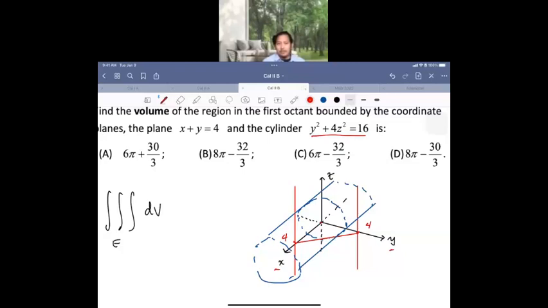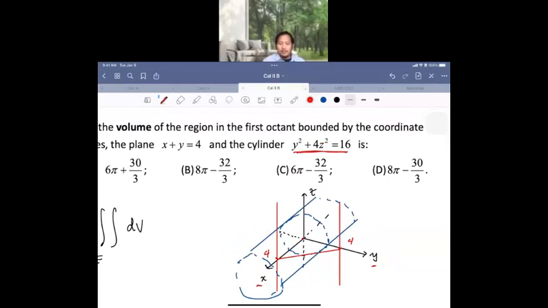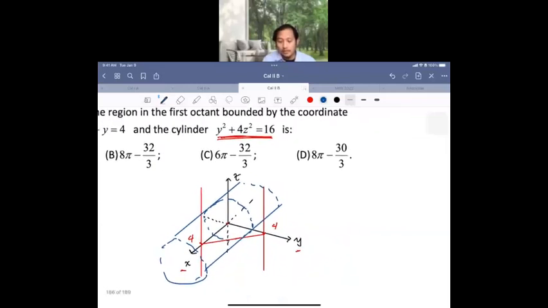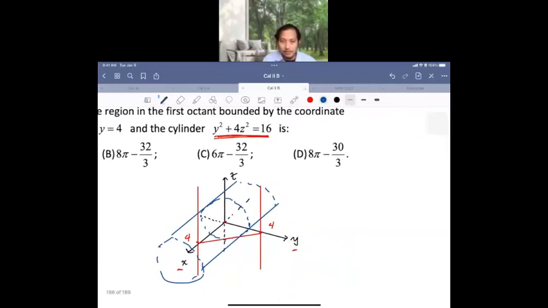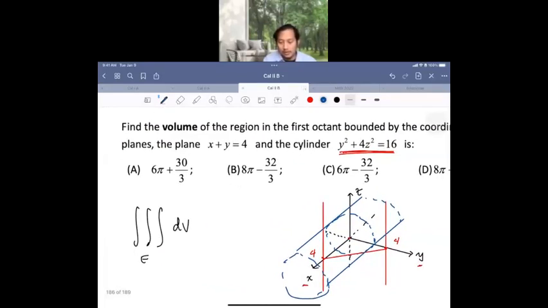So I believe that should be okay. But since we have y and z in the cylinder, perhaps the one having much more complexity is going to be the inside one.